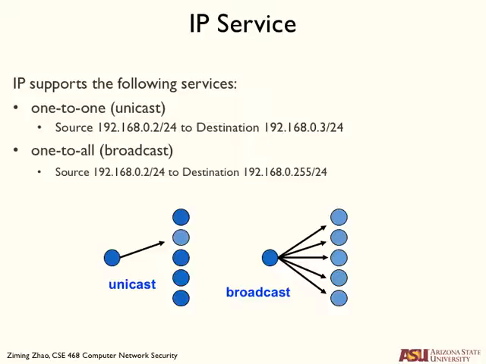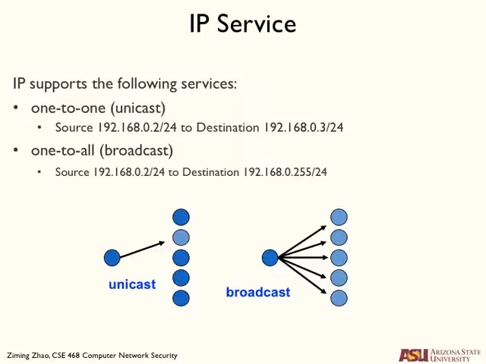Similar to the data link protocol, we have a broadcast address. Like in Ethernet, we use FF as the broadcast address. When a switch receives a broadcast message, it will forward this message to every host in the same network. At the IP layer, we also have broadcast and also unicast. If the source IP address is .2 and the destination address is .3, this is a unicast message.